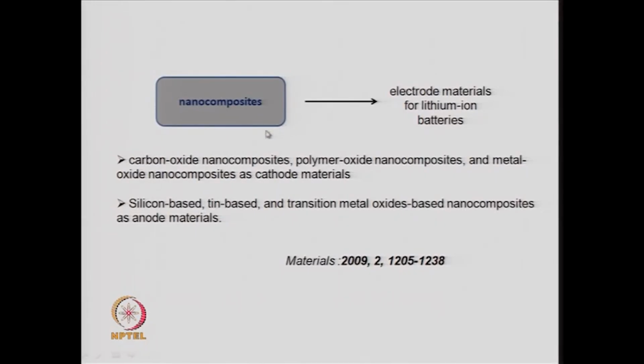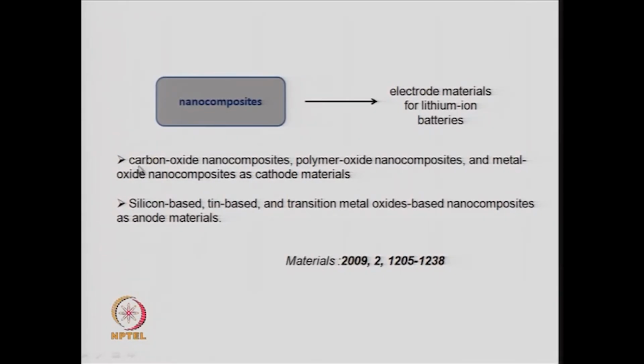So, if you emphasize one of the applications, that is electrode materials for lithium ion batteries, and look for nanocomposites acting as such electrode materials, then people have investigated carbon mixed with oxide particles. So, some metal oxide and carbon particles together people have studied as nanocomposites.